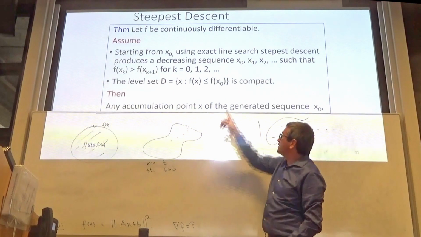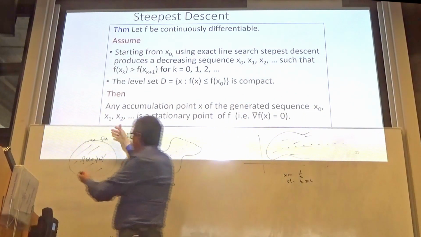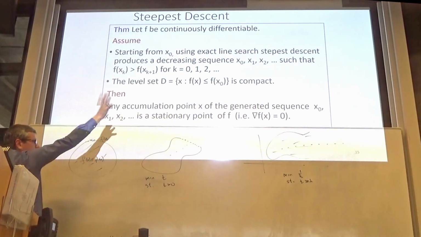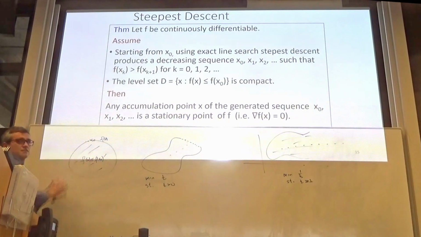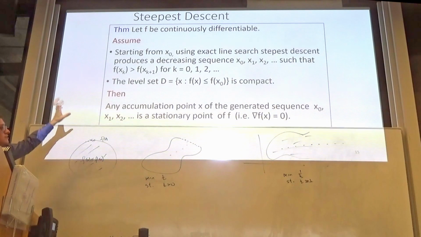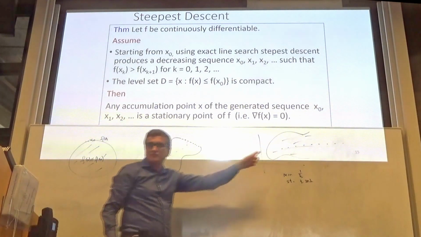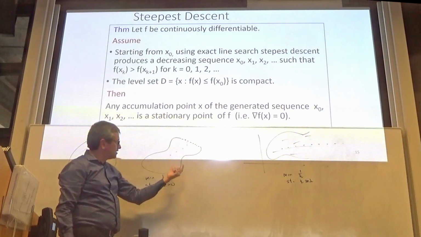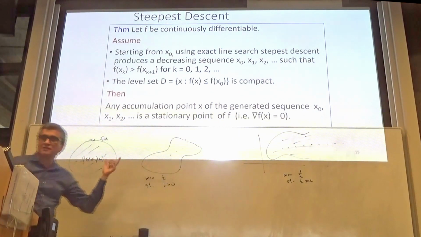That's why we need that assumption. I'm not saying that the function has some behavior at infinity. I'm just saying that if I take this sub-level set, it is compact. That's a very natural assumption for optimization, because we want to avoid these two issues. There is no way to get around them. So this is not an issue of steepest descent, this is an issue of optimization, and this might happen with any algorithm.